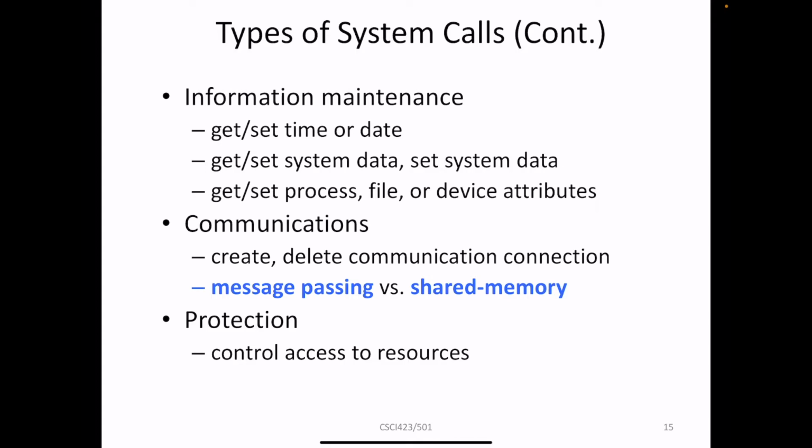Shared memory is a very efficient way for processes sitting in the same computer to access a shared memory block. One process may put or write the data into the shared memory. The other process can quickly grab the data and execute on it, which is much more efficient.